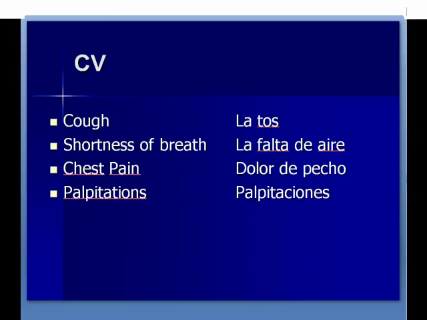La falta de aire. Chest pain, dolor de pecho. Palpitations, palpitaciones.